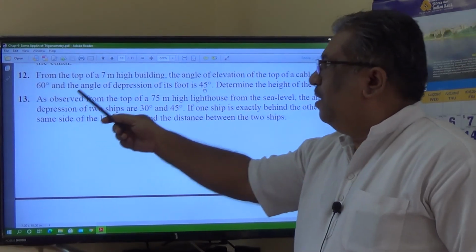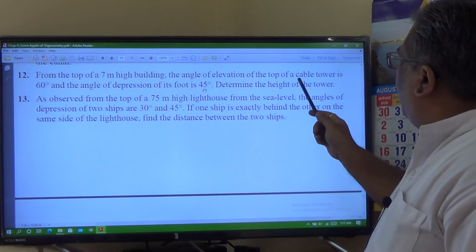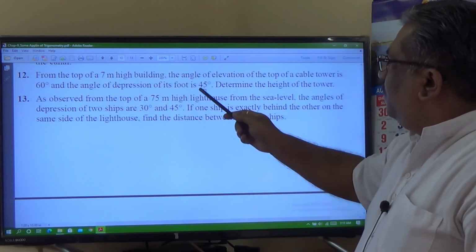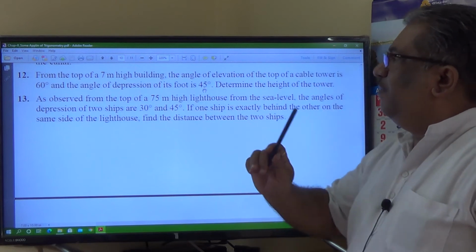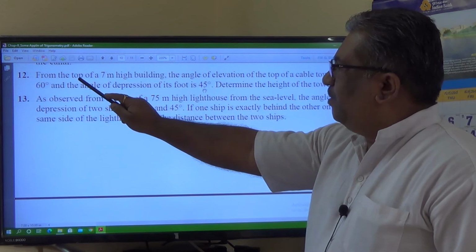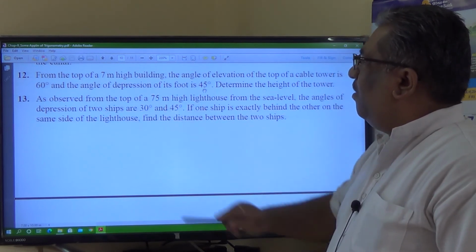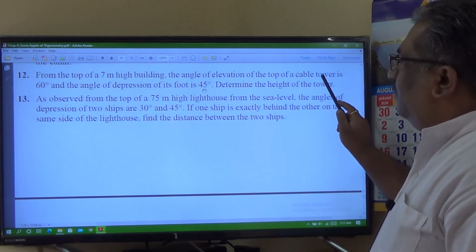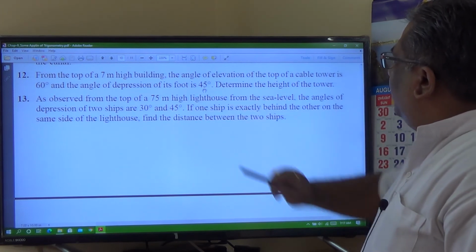Question number 12. From the top of a 7 meter high building, the angle of elevation of the top of the cable tower is 60 degrees and the angle of depression of its foot is 45 degrees. Determine the height of the tower. One important thing: we are standing on the top of the building which is 7 meter high and observing the top of the cable tower and the foot of the cable tower.